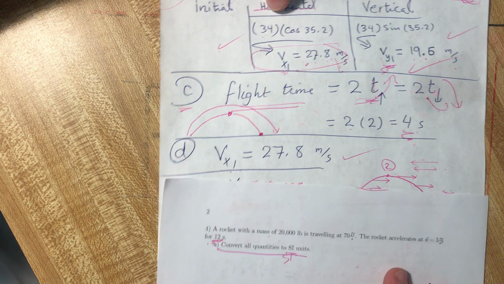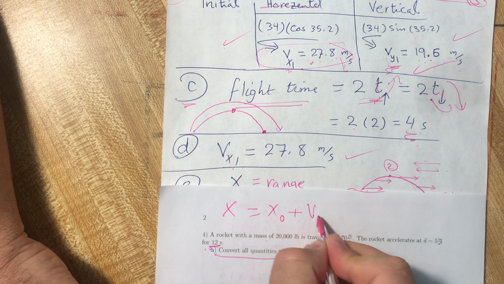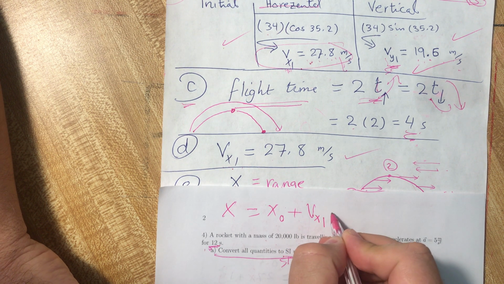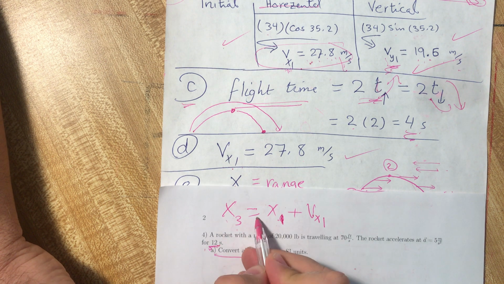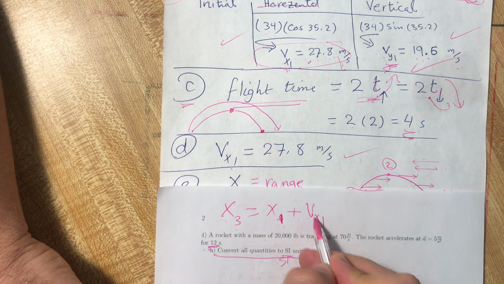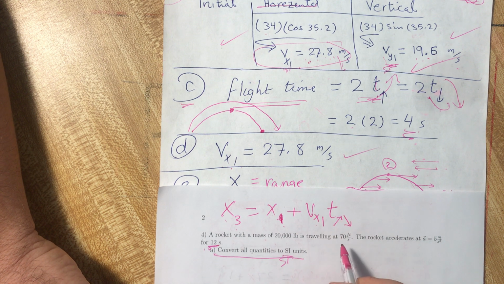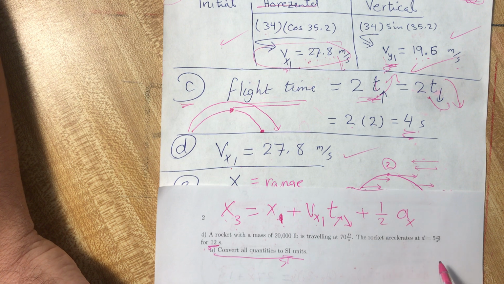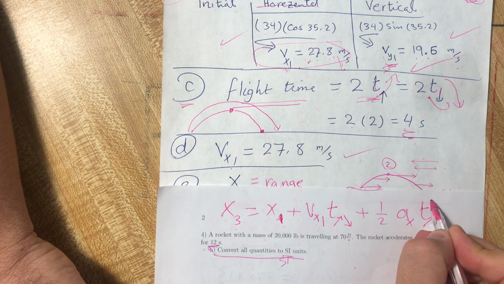We can use the equation x is equal to x naught plus v x t plus half a t squared. I need to compute x3, which is equal to x1 plus Vx1 multiplied by t, the total flying time, plus half the acceleration in x direction multiplied by the flying time squared.